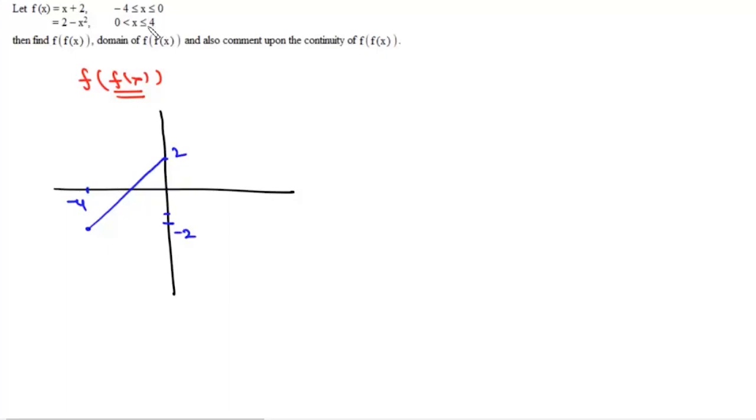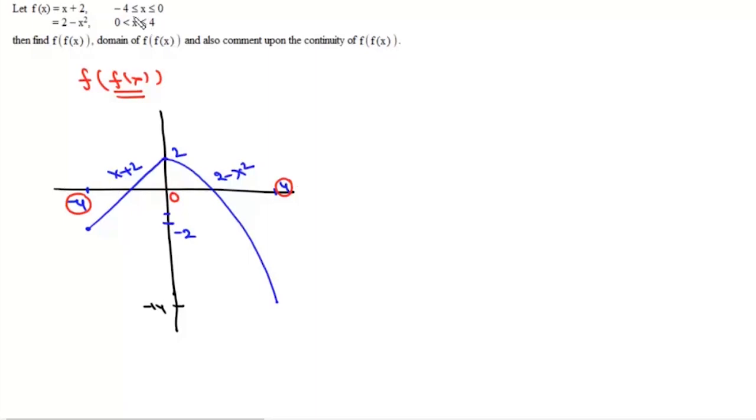And when x is 4, this is minus 14. So at 4, this is suppose minus 14, not to be scaled. So here this definition is x plus 2, and here this definition is 2 minus x square, and there is a definition change at this point 0. And the boundary points are minus 4 and plus 4.